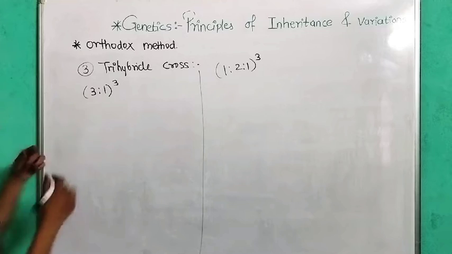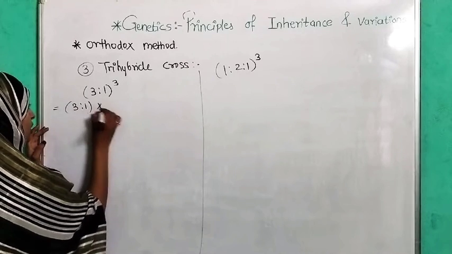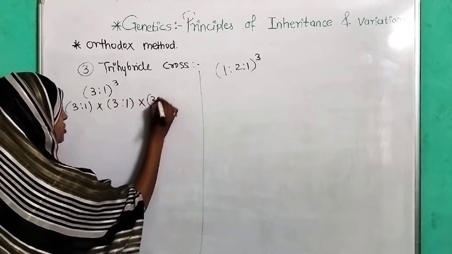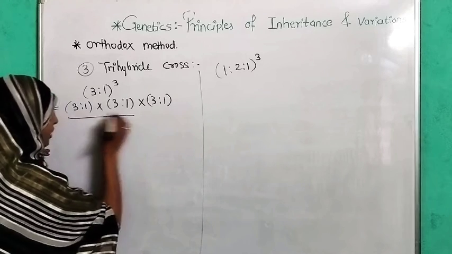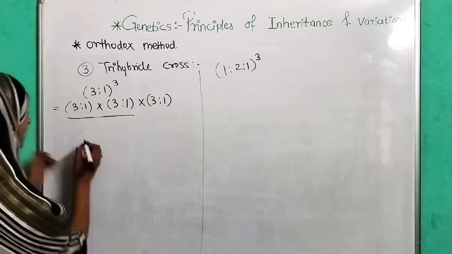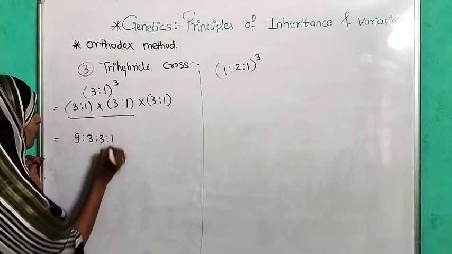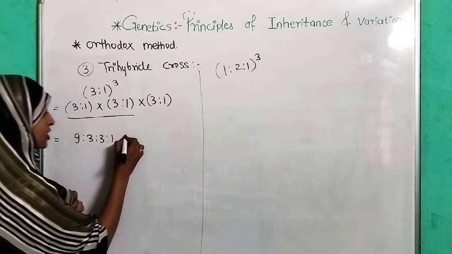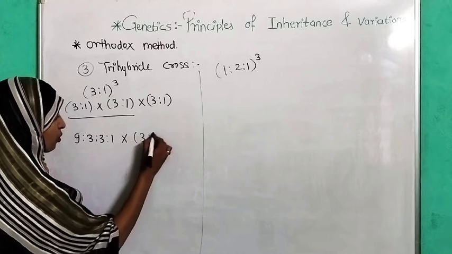What does it mean? It means 3:1 into 3:1 into 3:1. But we know the value of 3:1 into 3:1, that is 9:3:3:1. Then we simplify it by multiplying this ratio by 3:1.